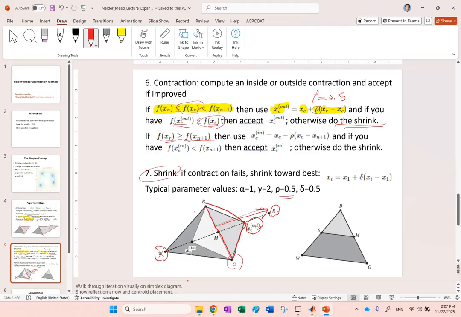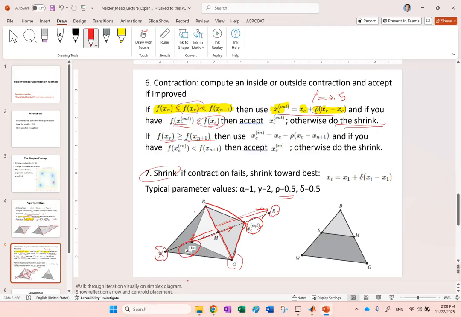Go backward in that direction. You're going in the wrong direction. Don't go there. Move back, turn around and come back. How much would you come back? Again, typically come back by 50%, but instead of going away from the centroid, come back toward the worst point, go midpoint, somewhere in midpoint between the worst and the centroid. And this is called the contraction point inside.